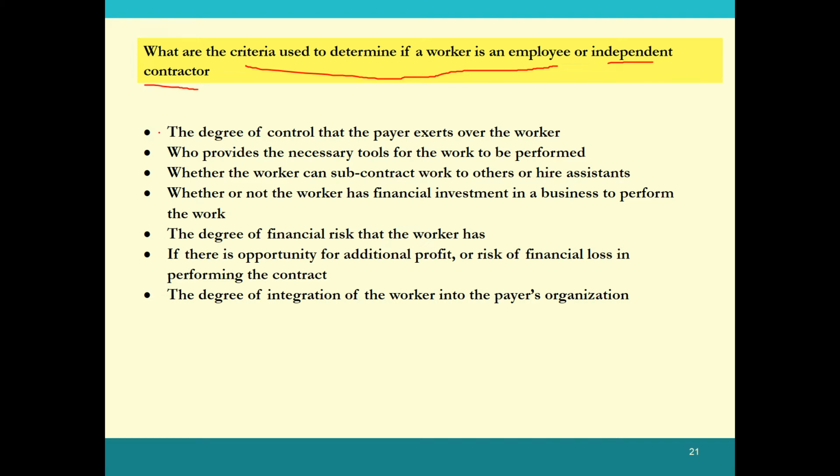The following we discussed already: the degree of control, who provides the necessary tools, whether the worker can subcontract work to others or hire assistants, whether the worker has a financial investment in the business to perform the work, the degree of financial risk the worker has, if there is an opportunity for additional profit or reducing the profit and risk of financial loss in performing the contract, and the degree of integration of the work into the payer's organization. I explained these, and it is very clear, I believe, to you guys.